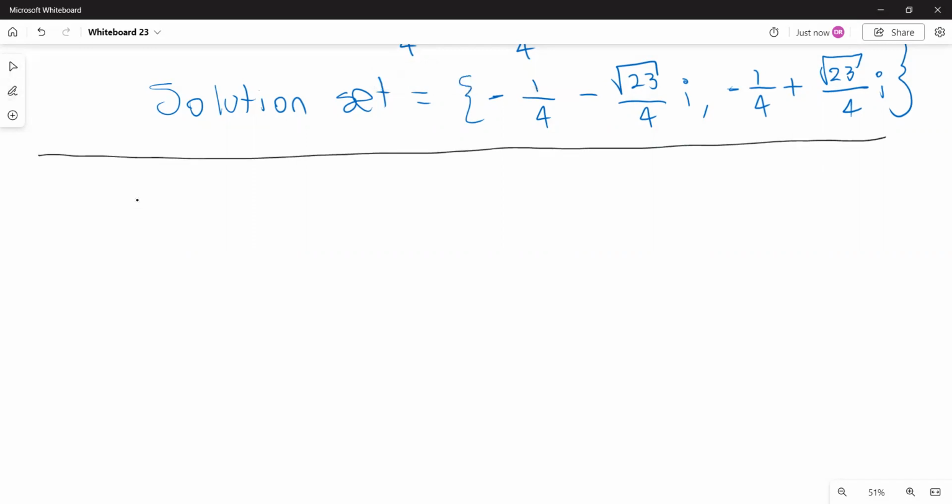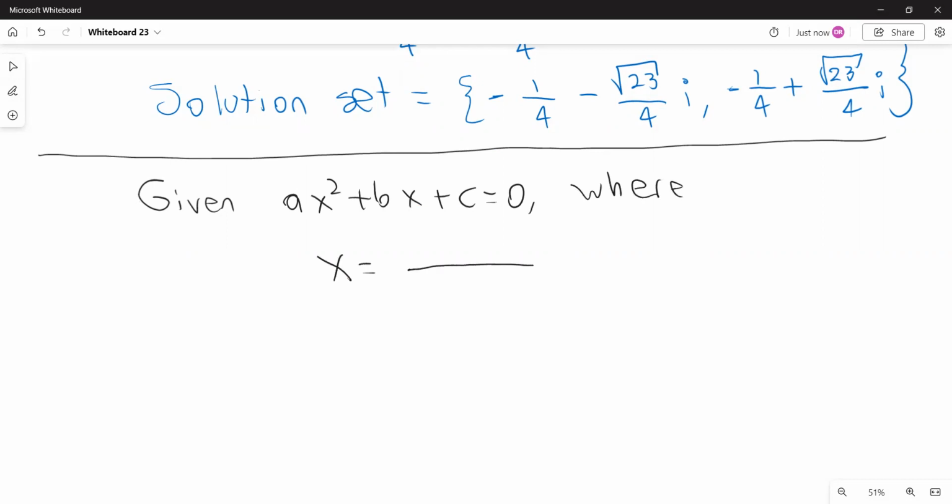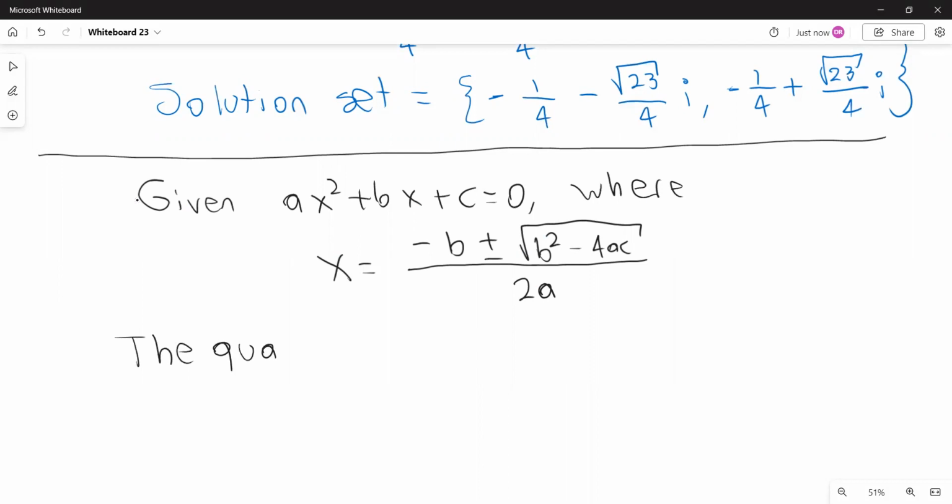Okay, so given a quadratic equation where the solutions are the opposite of b plus minus square root of b squared minus 4ac, the quantity inside the square root is called the discriminant.